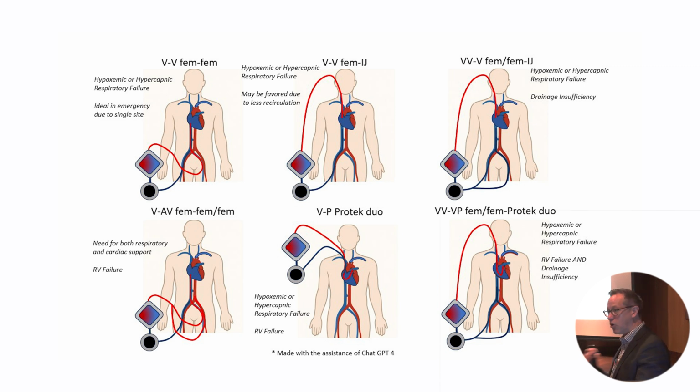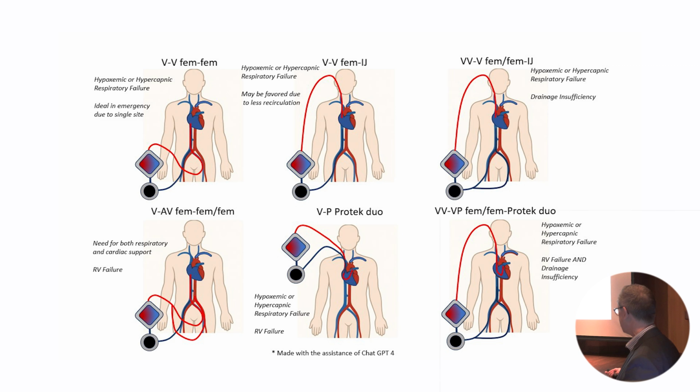You can give a little volume to see if that helps, but you don't want to give too much volume because you can get into a vicious cycle in that regard. And so sometimes what you have to do is actually put in a second drainage cannula so that you can get adequate flows.